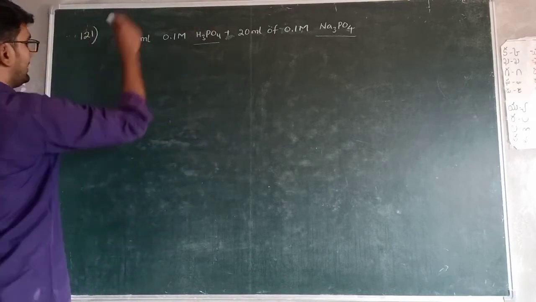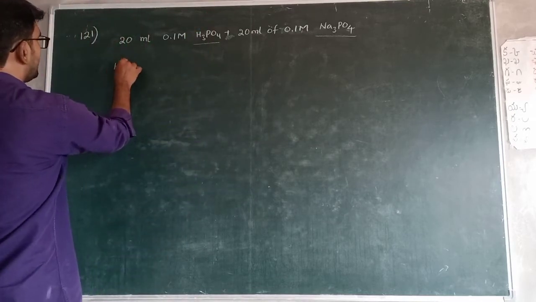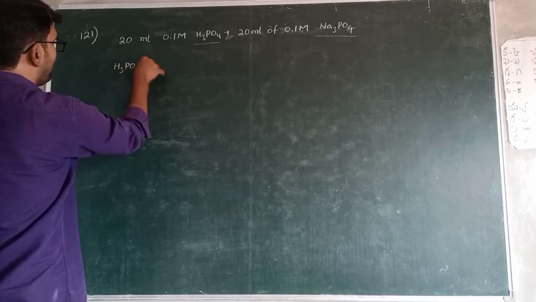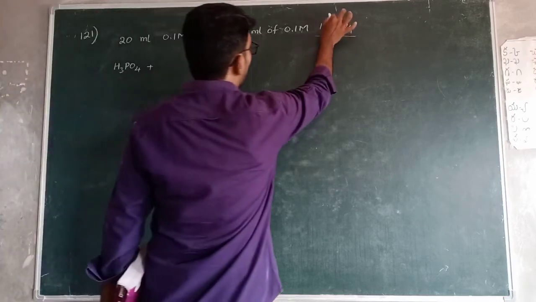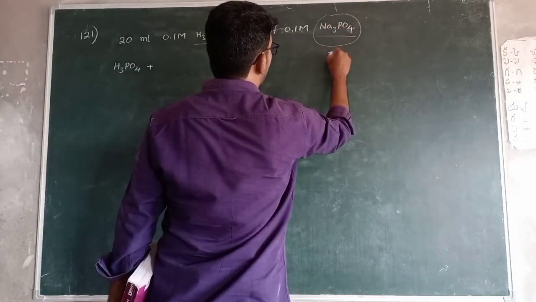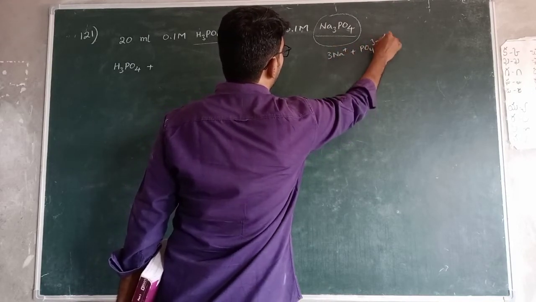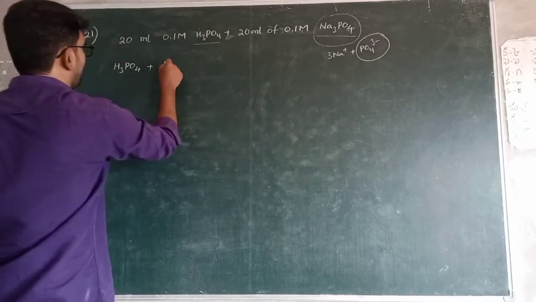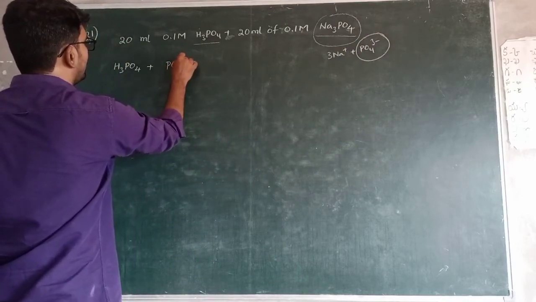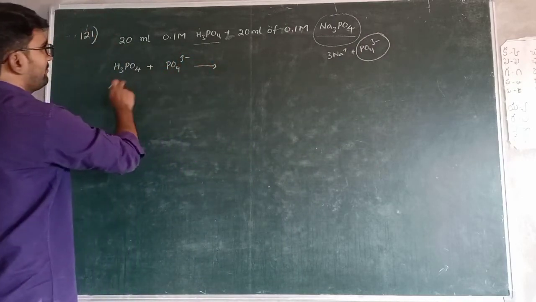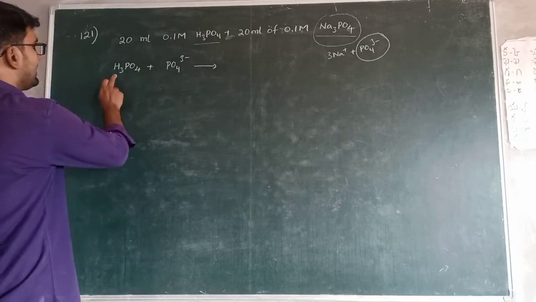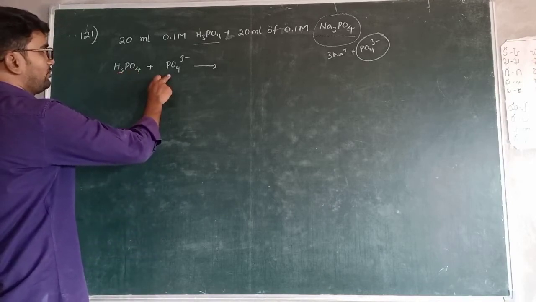If these two are mixed together, H3PO4 plus this Na3PO4, write like this: 3Na plus and PO4 3 minus. This is the main ion here. PO4 3 minus and H3PO4 are involved in the reaction, and this H3PO4 gives one H plus to this one.